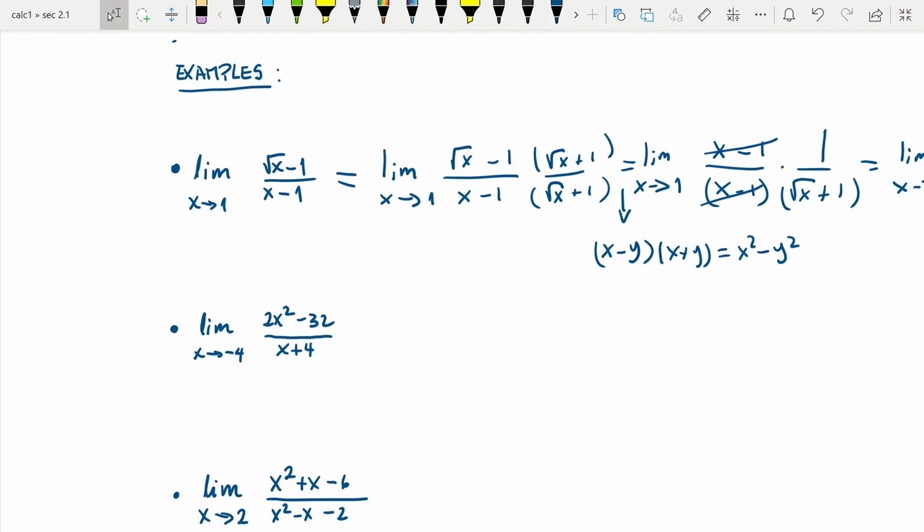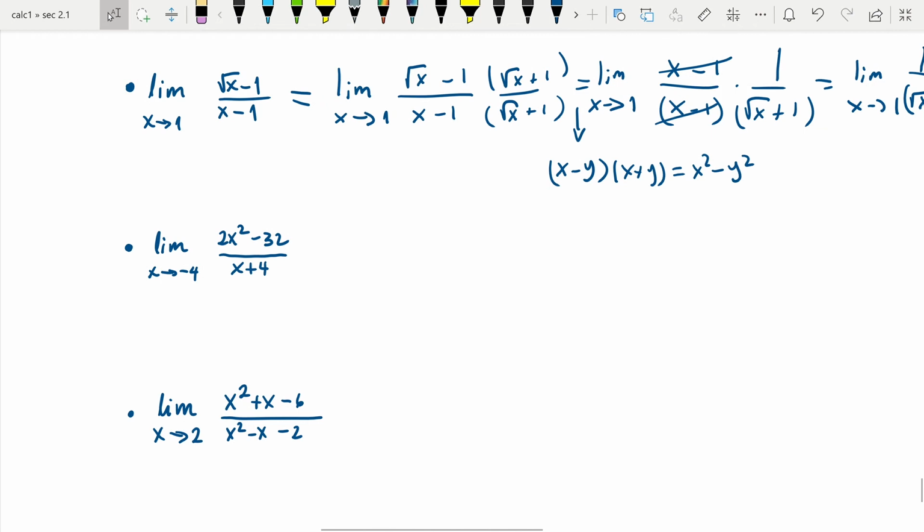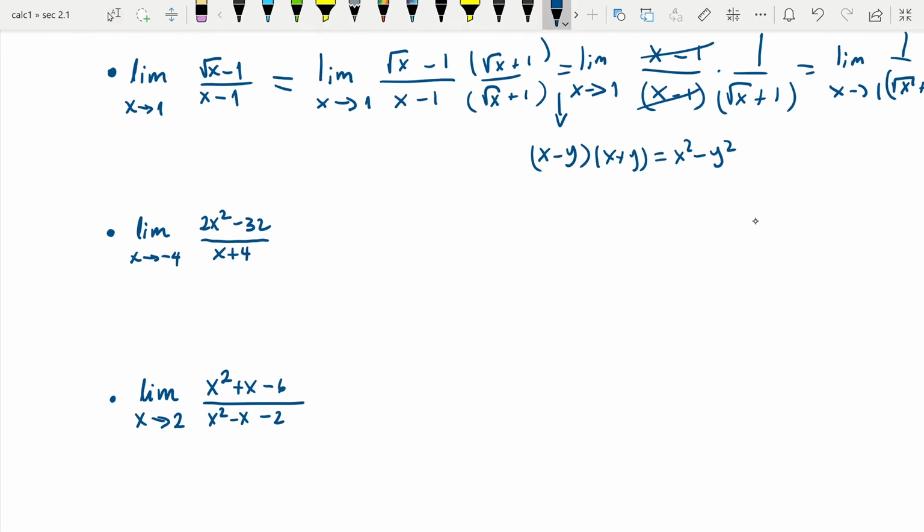Now let's look at the second example. We want to compute the limit when x approaches minus 4 of 2x squared minus 32 divided by x plus 4. If you look at the bottom and plug in minus 4, you get 0.